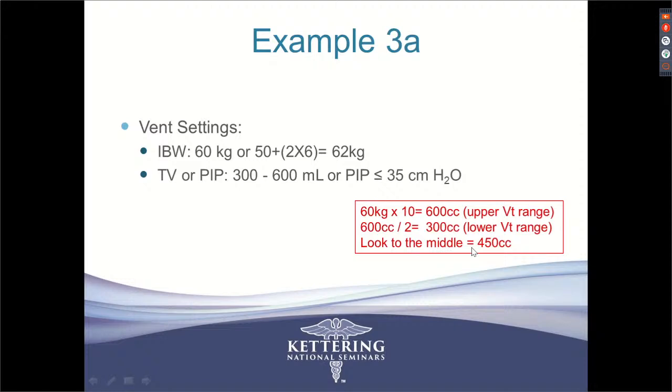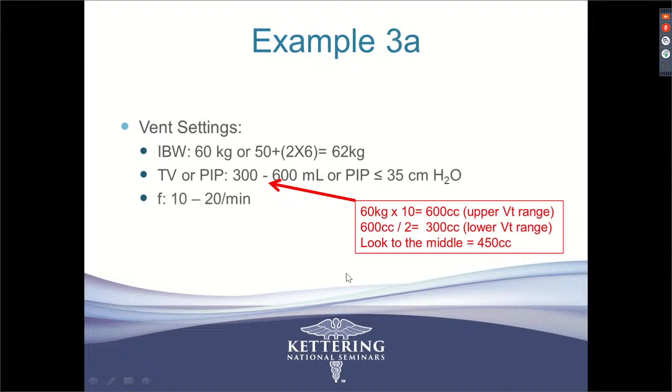And then I'm going to look towards the middle, somewhere around 450. Okay, so once I've got the range, I know I'm shooting for something in the middle here. Now, if they don't give me the option to ventilate with tidal volume and they say ventilate with pressure, then I'm going to choose something less than 35.